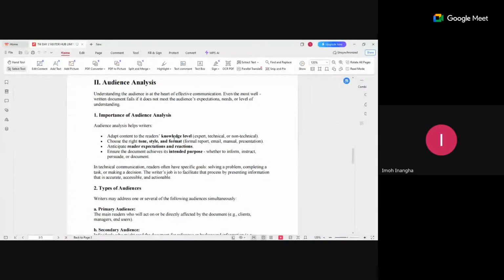Another importance of audience analysis is that it helps choose the right tone, style, and format: formal reports, email, manual, and presentation. It helps anticipate readers' expectations and reactions, and ensures the document achieves its intended purpose, whether to inform, instruct, persuade, or document. Now, this last line should give you a question. So let's ask questions before I continue.